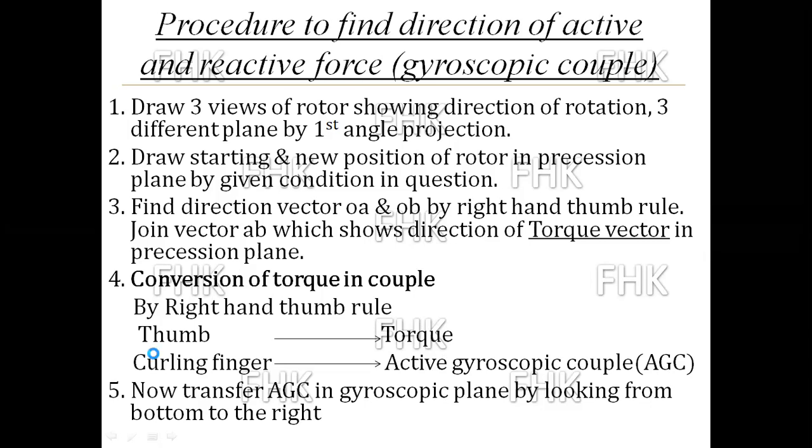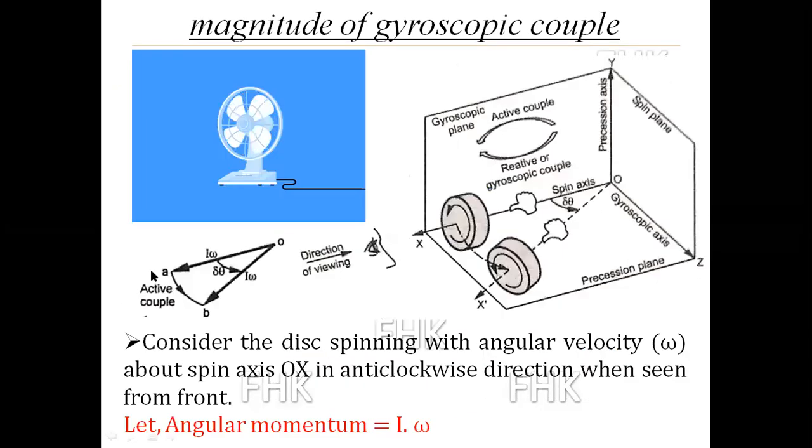When the direction of vector AB is shown here, at that time this direction is shown by the thumb. So you have to draw this active couple with the help of this direction by the right hand thumb rule in the third plane.